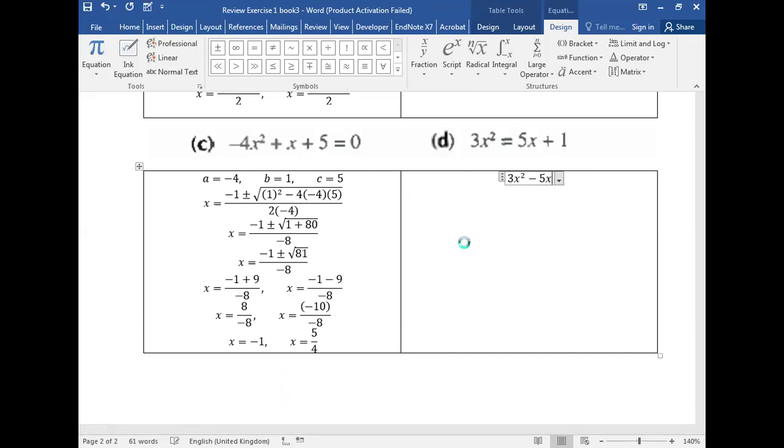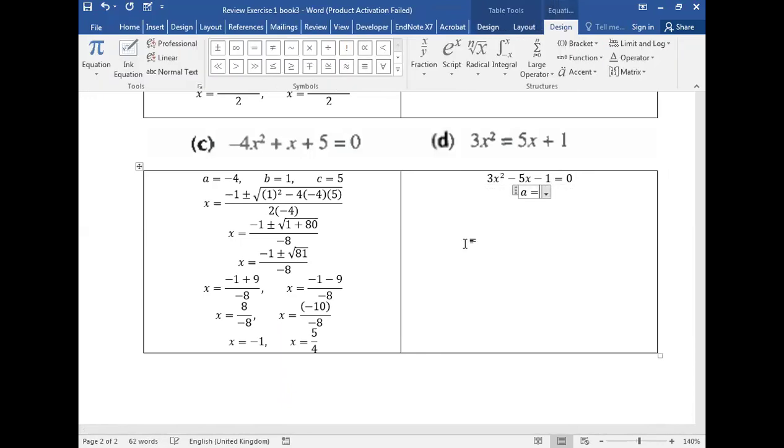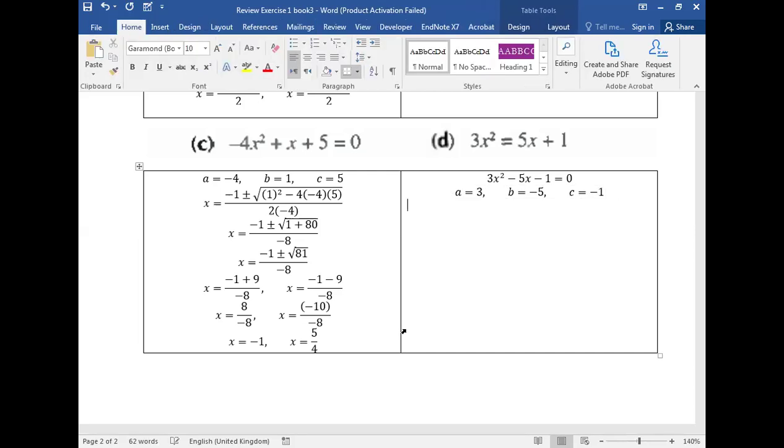This will become -5x minus 1. Now you decide what is your A, B, and C. 9. What is your A? 3. And what is your B? -5. And what is your C? -1. Now you apply the quadratic formula and you tell me what is your answer.